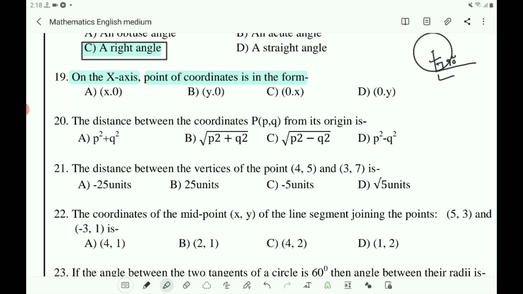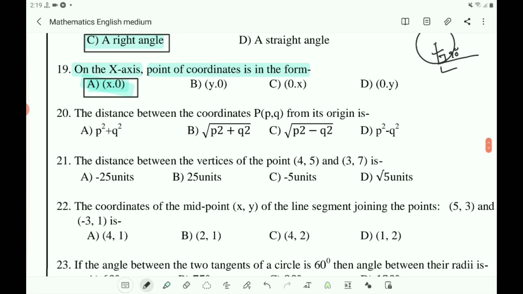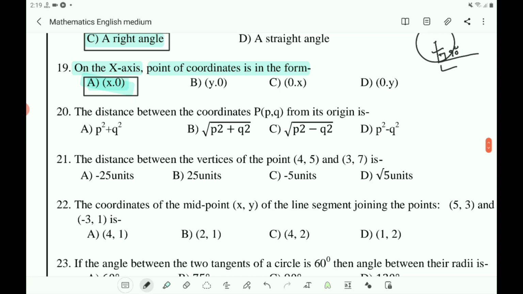So the coordinates will be in the form (x, 0). There is a value for x, but the y coordinate is 0. Note down the answer, (x, 0). And a point on the y-axis is in the form (0, y). A point on the x-axis is in the form (x, 0).